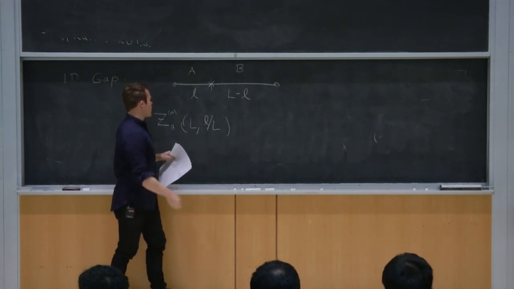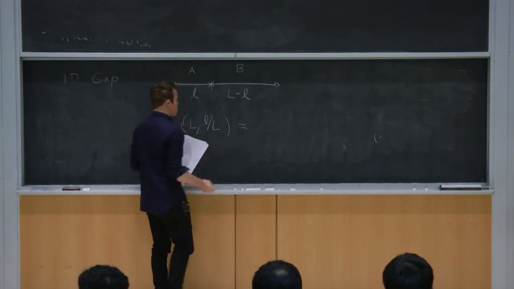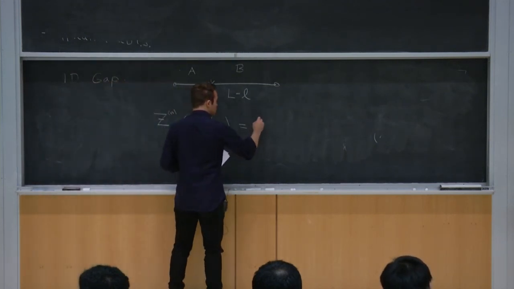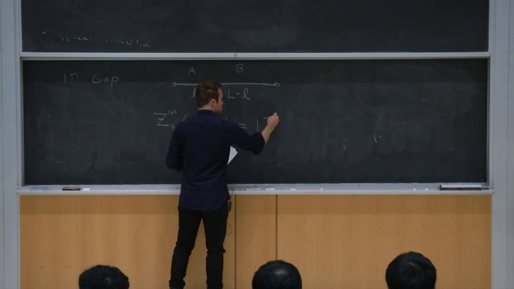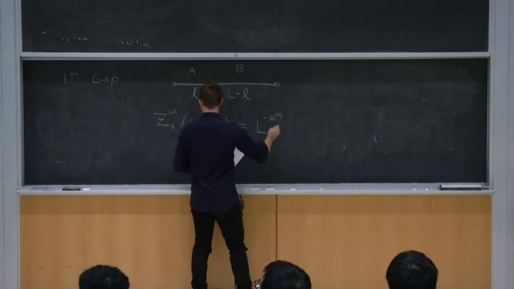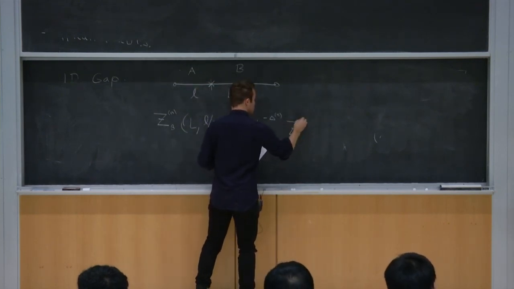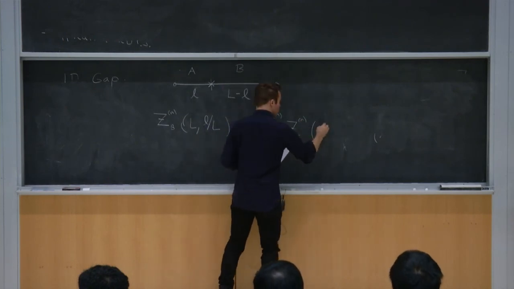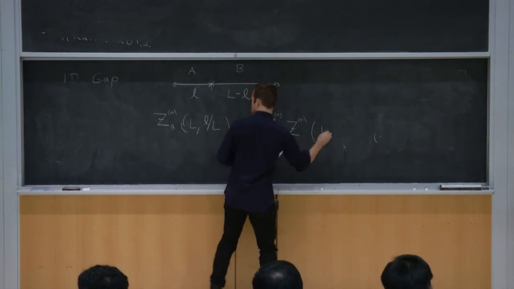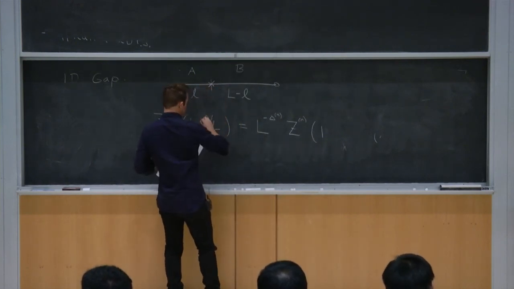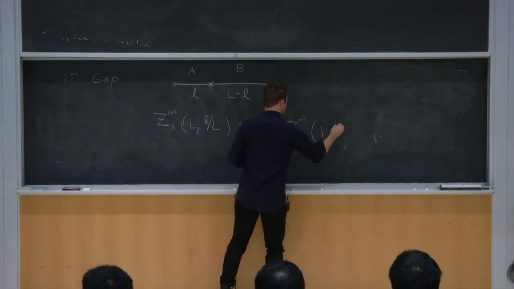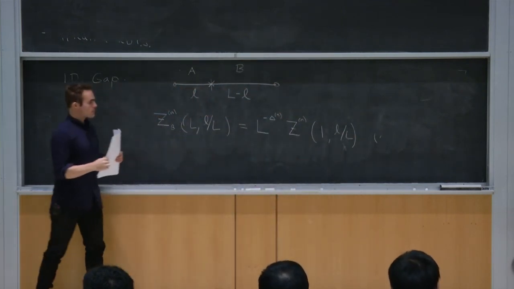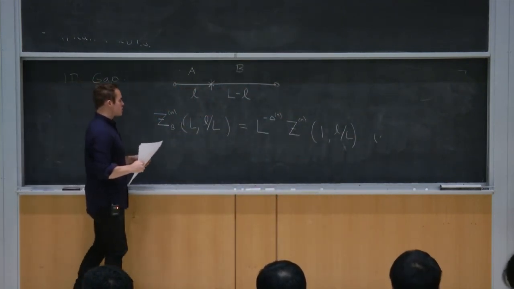So we know now that this has to have the form of a scaling collapse of the following form. This needs to look like L to the negative delta_n times Z_n of 1, l over L. So this is the usual way that you can do scaling collapses.